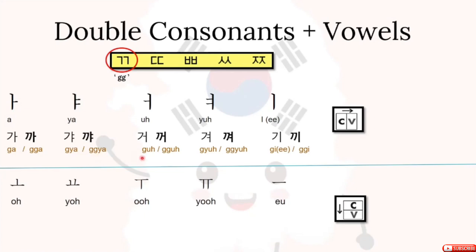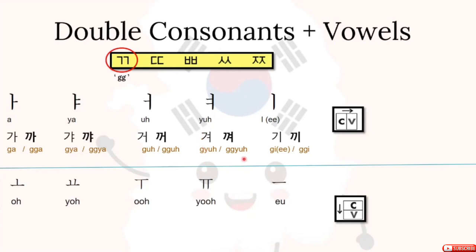Okay, next one. The vowel eo and the single consonant 그 becomes go. And with the double consonant, 그 and eo becomes go. Okay, next one. 여 and the 그 becomes 겨.